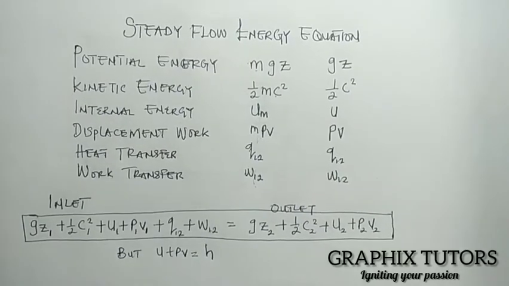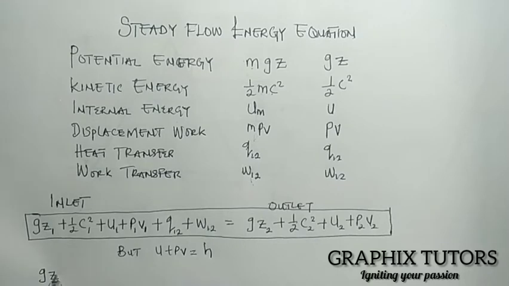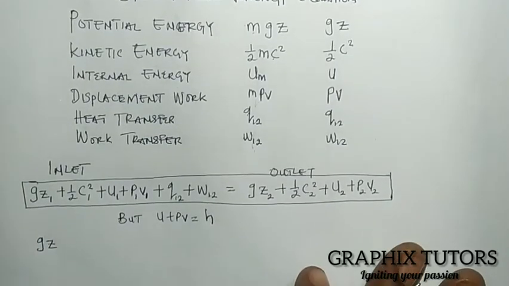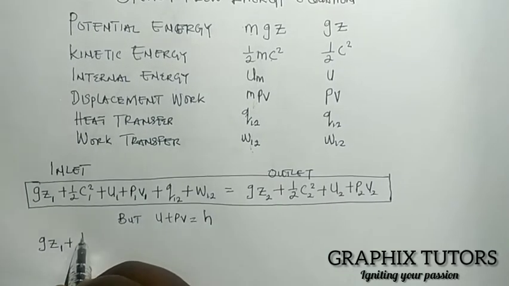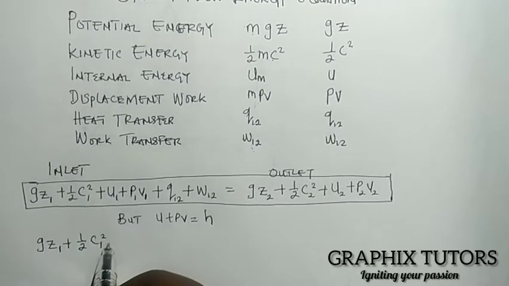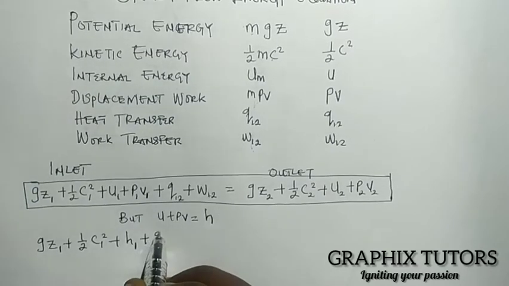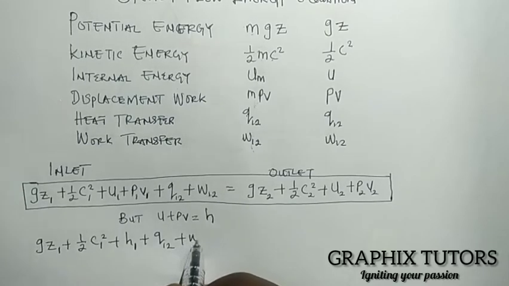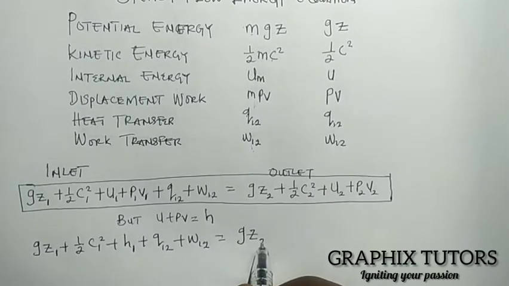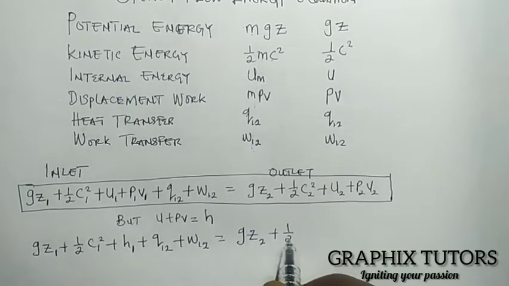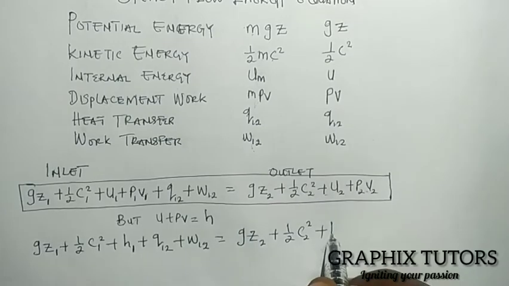So when I'm not given the pressure and the volume, I'll say that my gZ1 plus half C1 squared plus, so I'm writing these two, I'm going to put H1, plus Q12 plus W12 is equal to gZ2 plus half C2 squared plus, so I'm writing these two, I'm going to put H2.